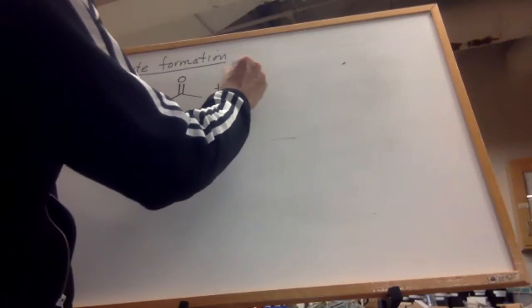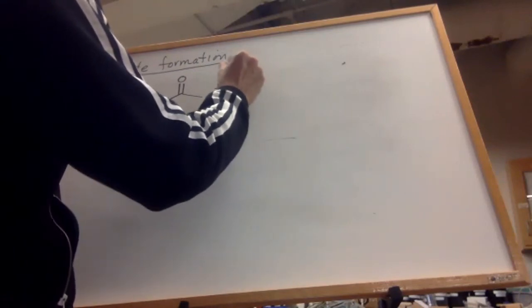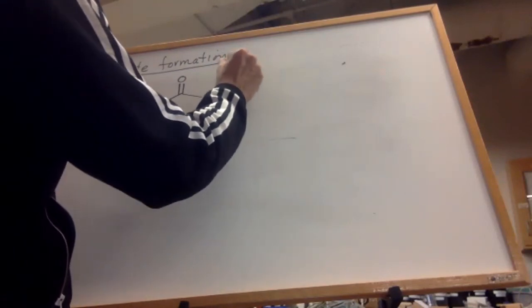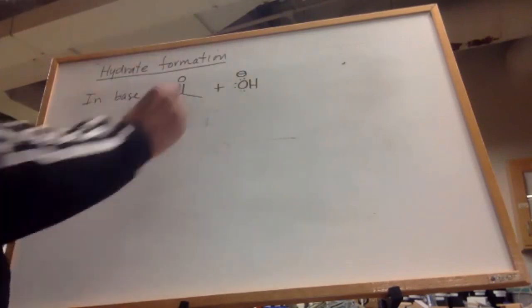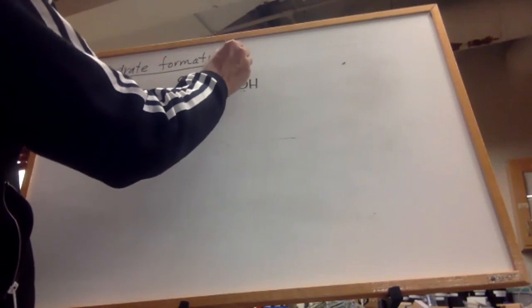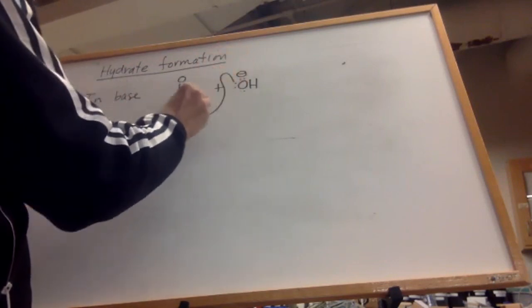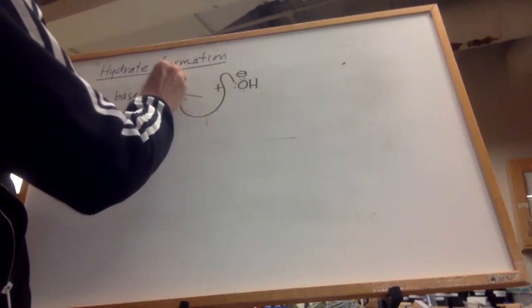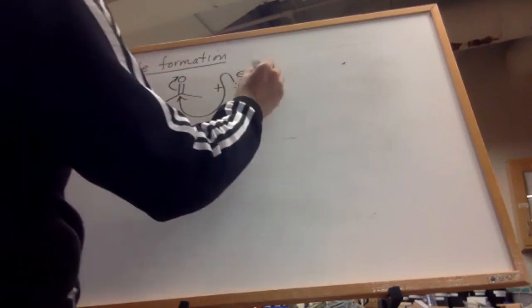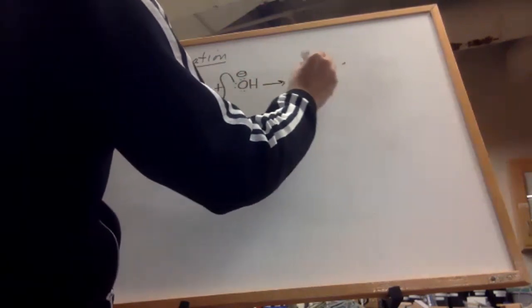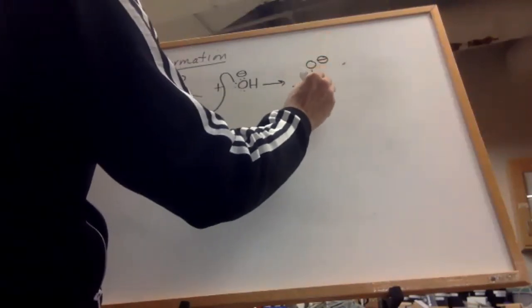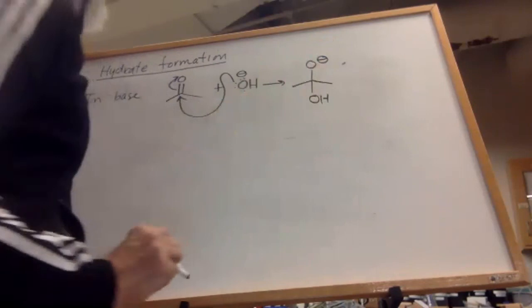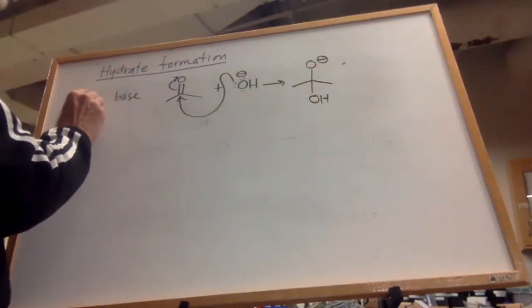The nucleophile is now hydroxide, OH minus, that has all of these unshared electrons around that oxygen and the negative charge. So this oxygen atom attacks the carbonyl carbon. We get this intermediate here. That's step one.